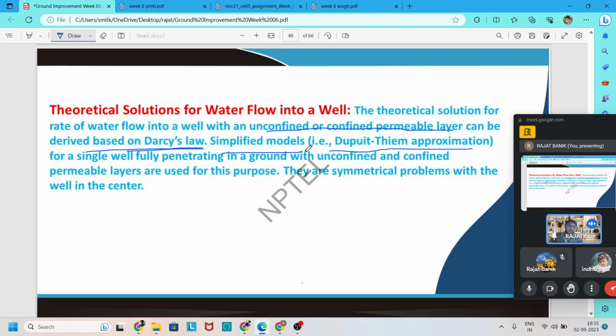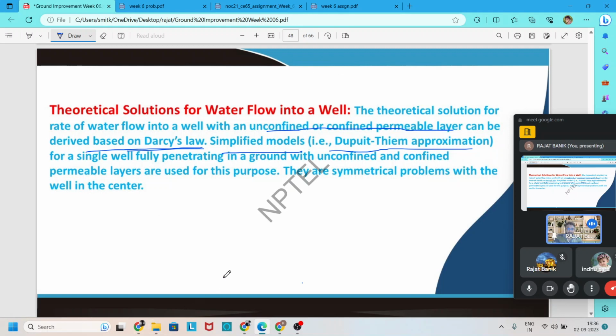These are symmetrical problems with the well in the center. So we need to find out the water flow and also the permeability of the soil in the field condition. For that we use Darcy's law, applied through the Dupuit and theme approach for a single well system. And this technique is used for unconfined and also confined permeable layers.